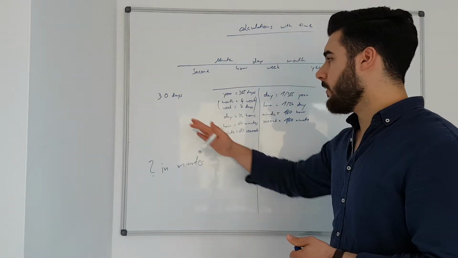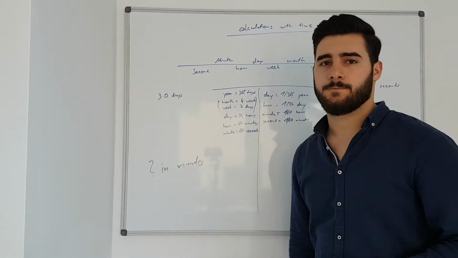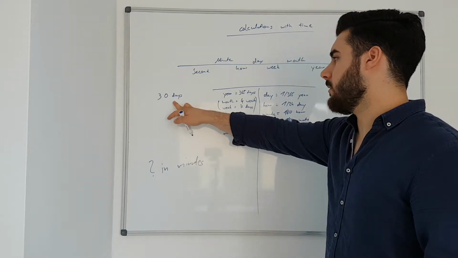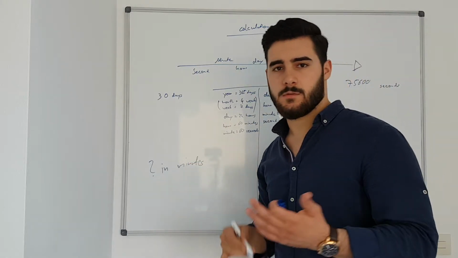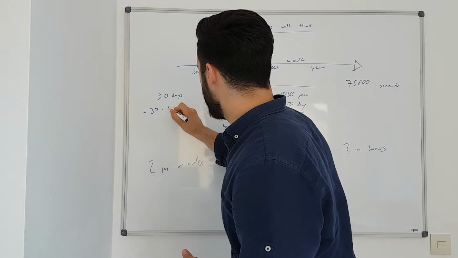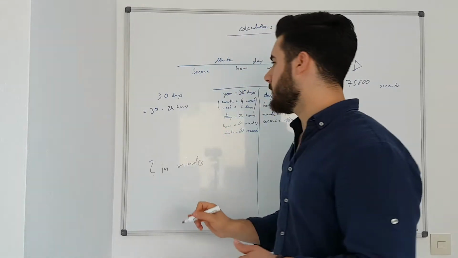So for example, what are 30 days in minutes? You start off with 30 days. We said that 1 day is 24 hours, so we start with hours. So 30 times 24 hours.